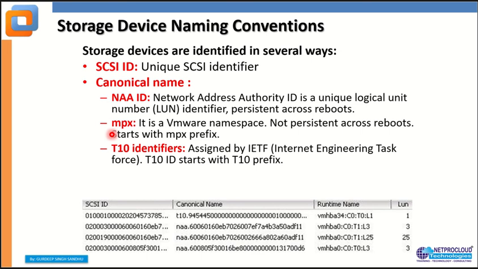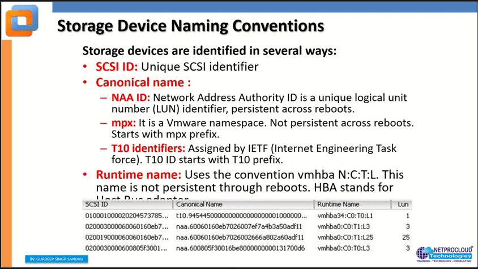And NPX is a VMware namespace, not persistent across reboots, and starts with the NPX prefix. The T10 identifier is assigned by the IETF, meaning the Internet Engineering Task Force, and the T10 ID starts with the T10 prefix. And some runtime names are like vmhba34, which uses the convention vmhba:N:C:T:L. This name is not persistent through reboots. And HBA stands for, as you know, host bus adapter.